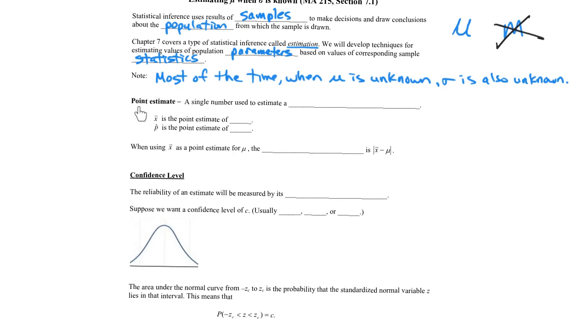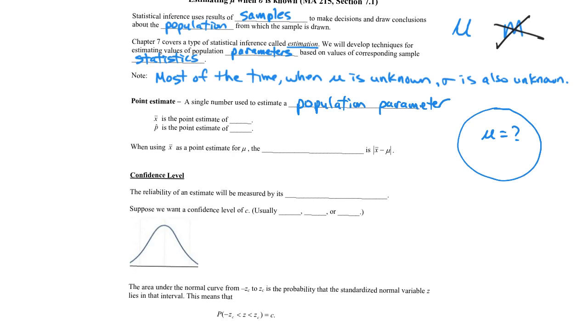So to get started here, we start with a point estimate. And a point estimate is a single number used to estimate a population parameter. So let's say, for instance, we want to know the population mean for the age of a GRCC student.